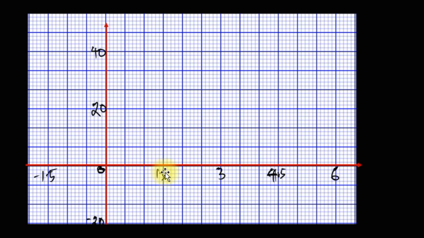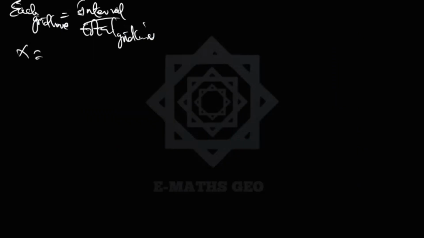Each grid line is the interval you are moving over the total grid lines. For x, we are moving at an interval of 1.5, and the total grid lines for that 1.5 is 5, 10, 15. So 1.5 over 15, that's 1 over 10. So each of them is 0.1 for x.